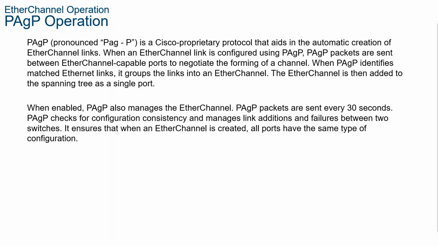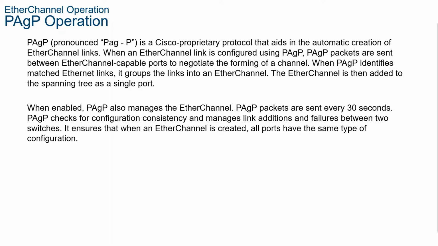PAgP checks for configuration consistency and manages link additions and failures between two switches. It ensures that when an EtherChannel is created, all ports have the same type of configuration. Note that in EtherChannel, it is mandatory that all ports have the same speed, duplex settings, and VLAN information.